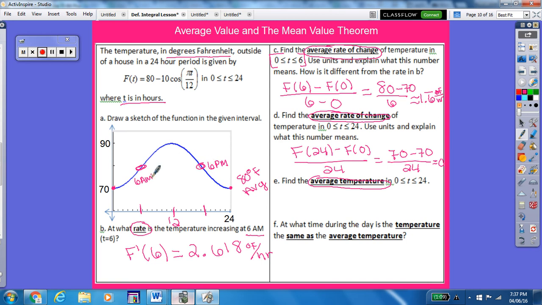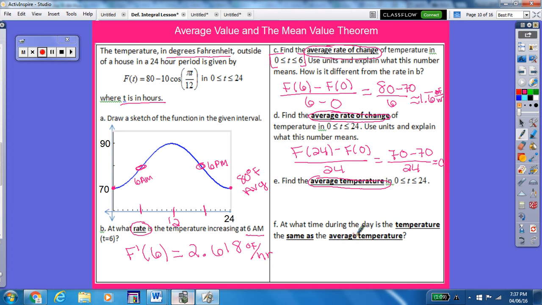It wouldn't make sense for the average temperature to be 80 and the function never actually go to 80. So the mean value theorem is kind of intuitive that way: once you know your average, your function must take on that value at some point. Your average value must equal the value of the function at least once.